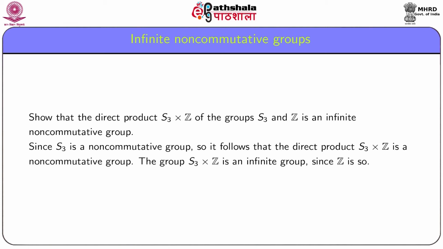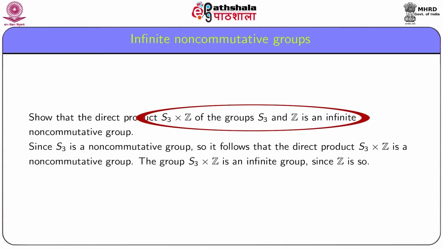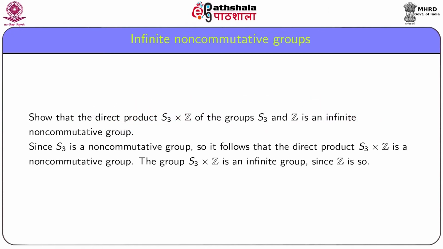And if further you are asked to give another example, then you will try to give an example of a subgroup of this group. Here I will construct an example of an infinite non-commutative group with the help of our known groups Z and S3.